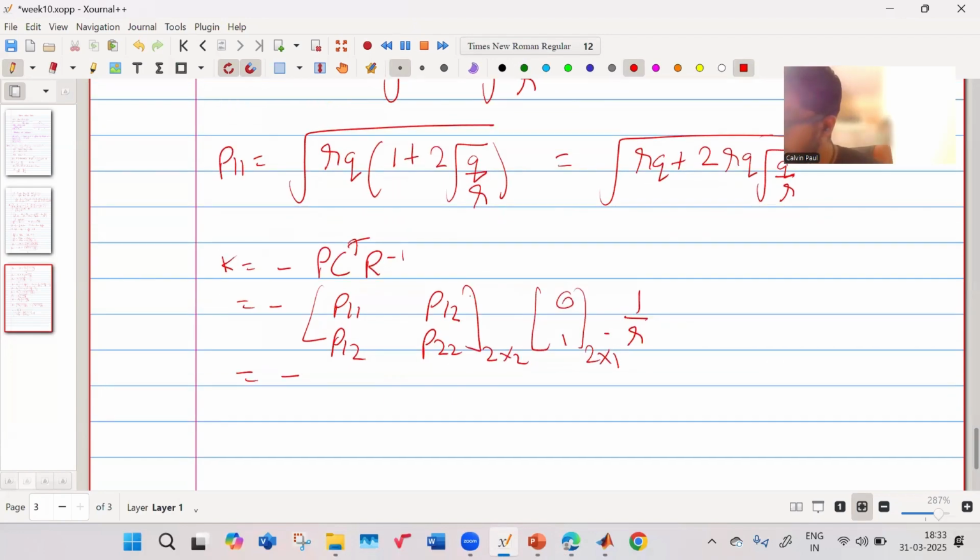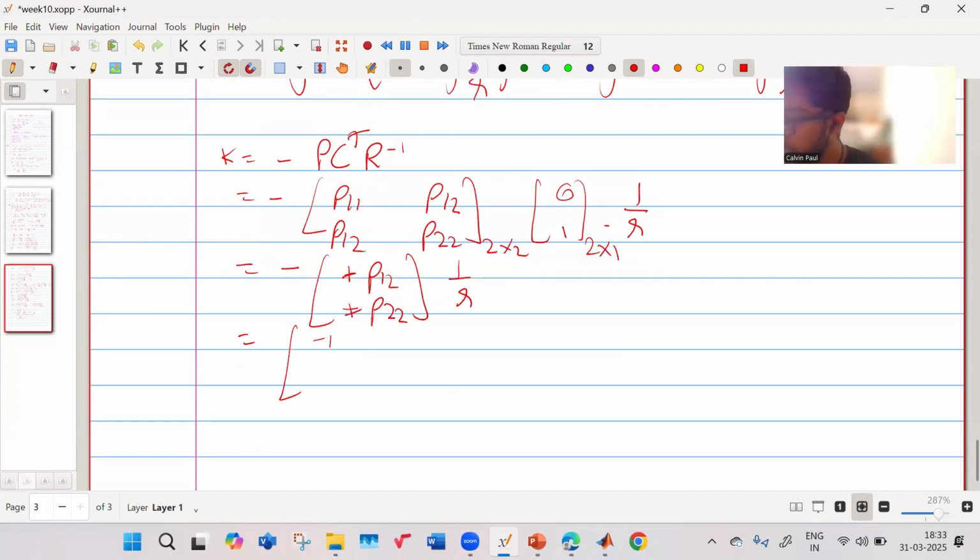So this will be minus P12, and this is minus P22, with plus 1 upon R. So this becomes minus P12 upon R and minus P22 upon R.